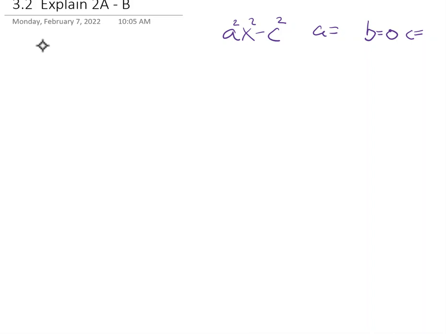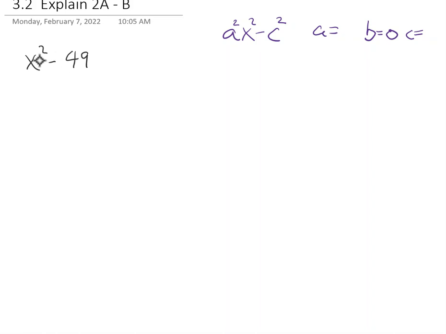Okay, so let's work the first example. Let's work example A. So example A is x squared minus 49, and you see what I mean.